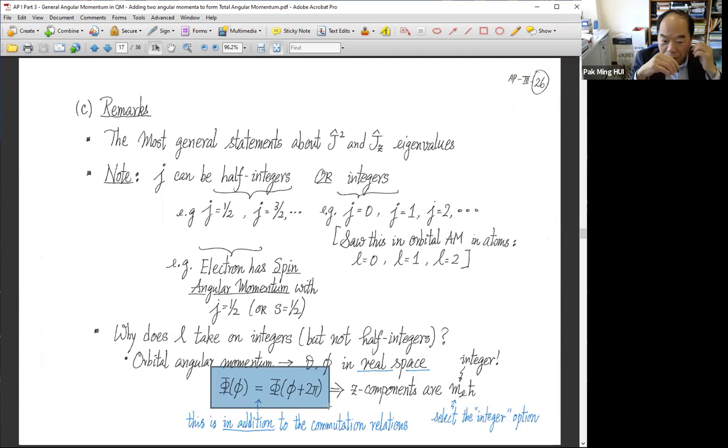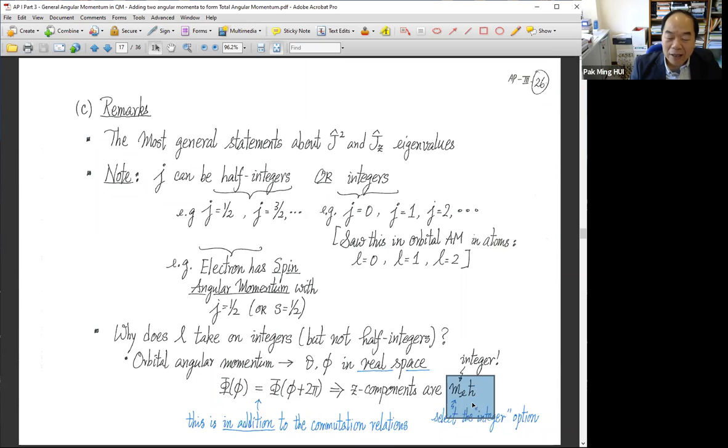Therefore, when you solve the e^(i ML phi), the Z component of the angular momentum eigenstate, you say, start here phi, go through 2 pi, come back here, the wave function should be the same. And therefore, suddenly, you require the Z components to only take on an integer times h bar.